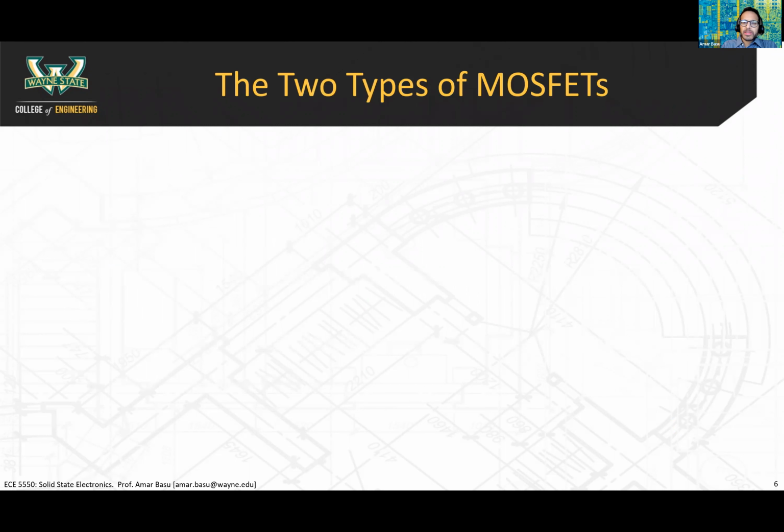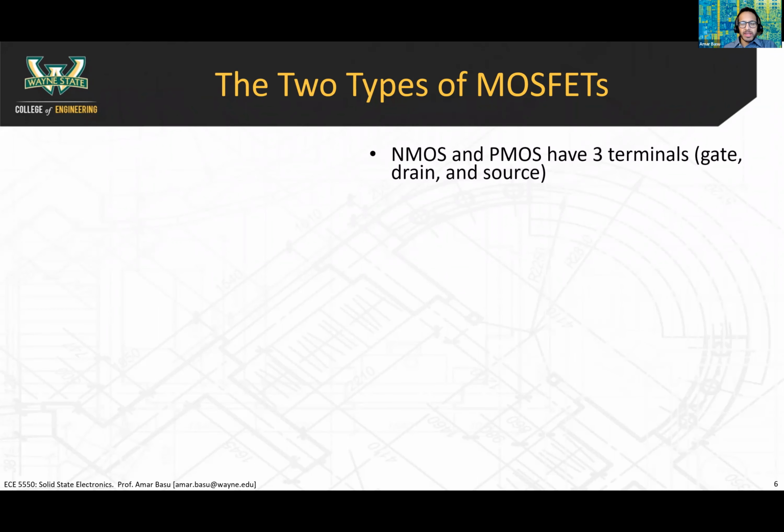Okay, let's go over the 2 types of MOSFET devices. There is an NMOS device, and then there's a PMOS device. Both of these devices are made using the same manufacturing process, which has another name called CMOS, complementary metal oxide semiconductor. Let me write that down. The two types of MOSFETs in a CMOS process, a manufacturing process.